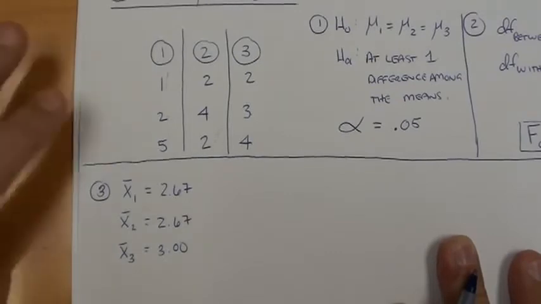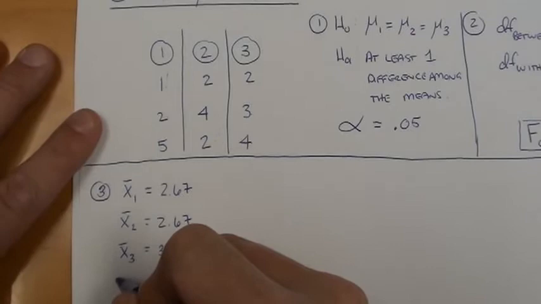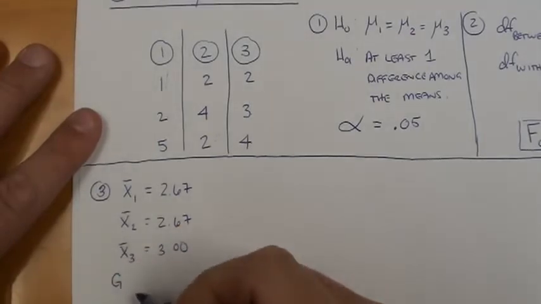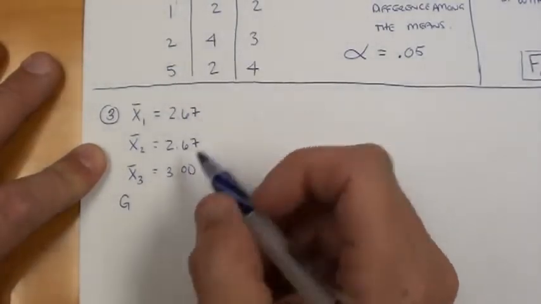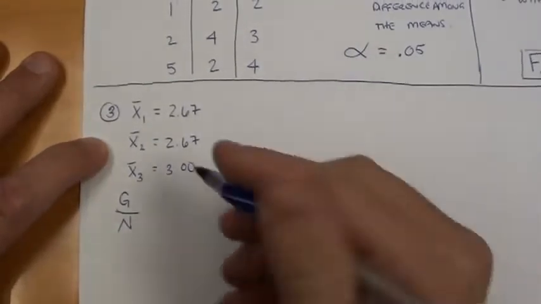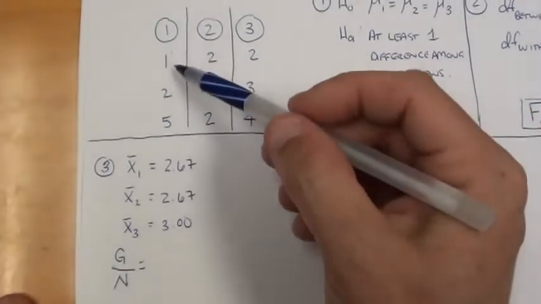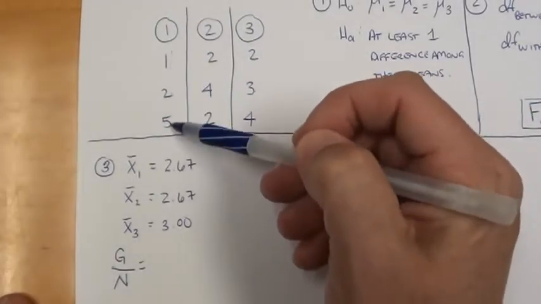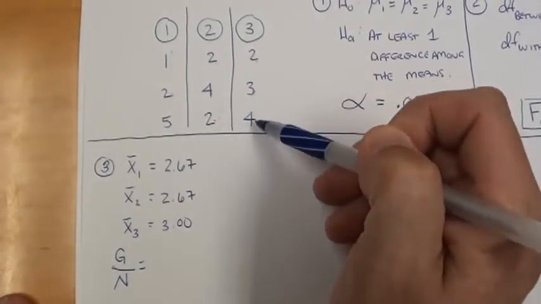The next step is to calculate a grand mean. So the grand mean is going to be the grand sum of everything that you have in the study. So that is all of the scores totaled. You're going to divide by how many total scores you have. So our grand total, where we add up all of this, 1 plus 2 plus 5 plus 2 plus 4 plus 2 plus 2 plus 3 plus 4.